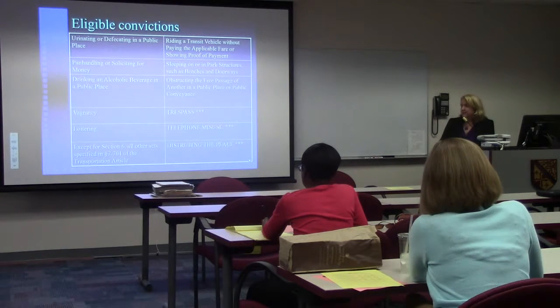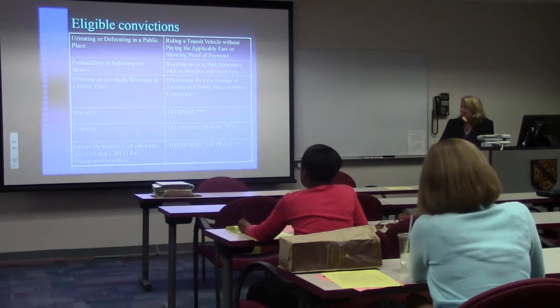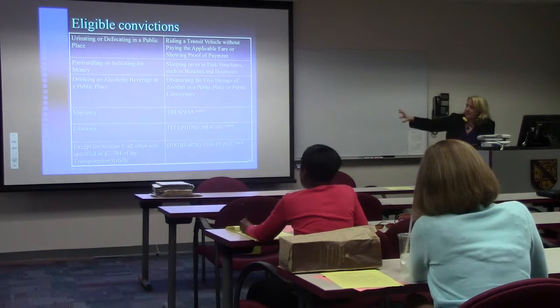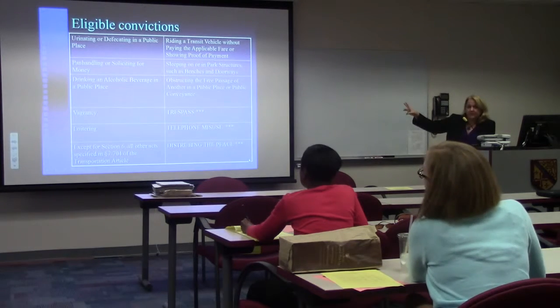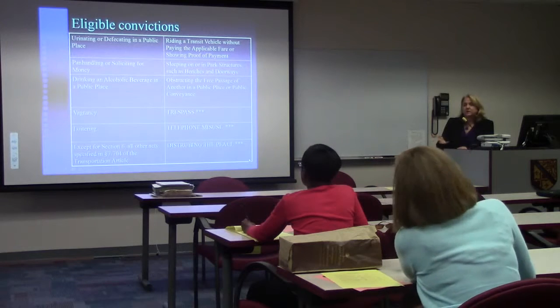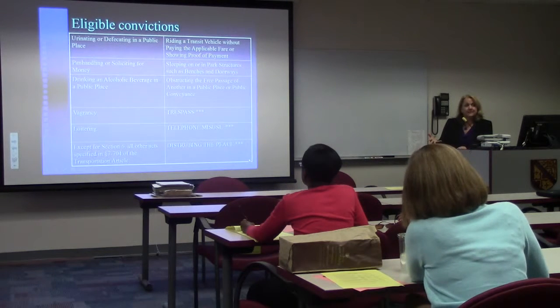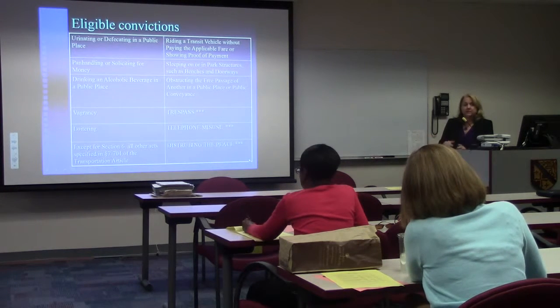But it includes loitering, sleeping on a park bench, my favorite, open container, urinating, defecating, and I'll get to the three that have the asterisk. The one about the traffic: you will come across, your client will have these MTA cases, crimes associated that occurred while they were on the MTA.